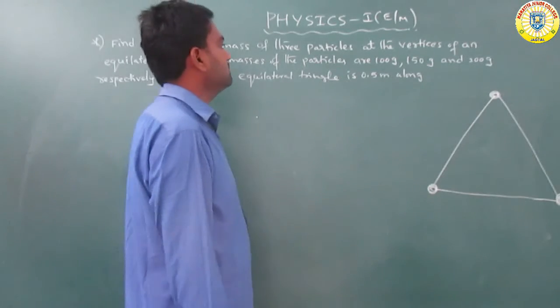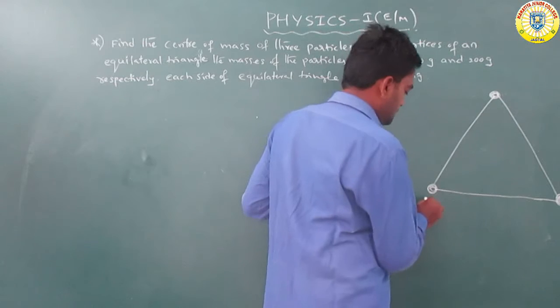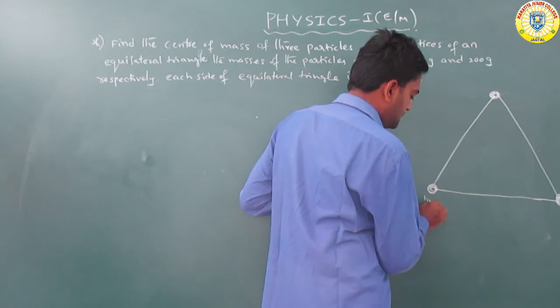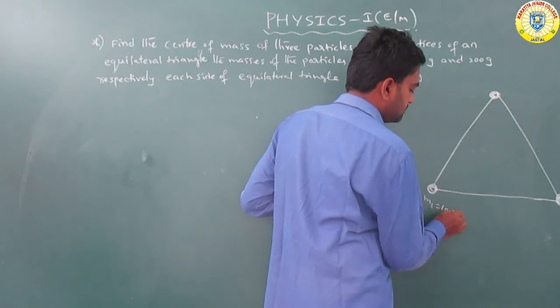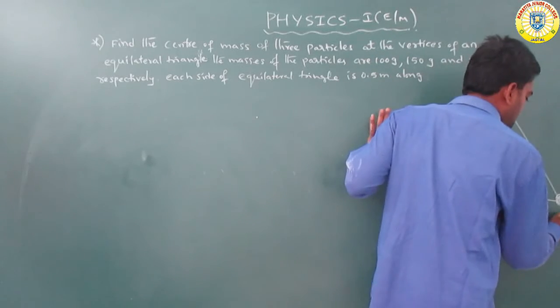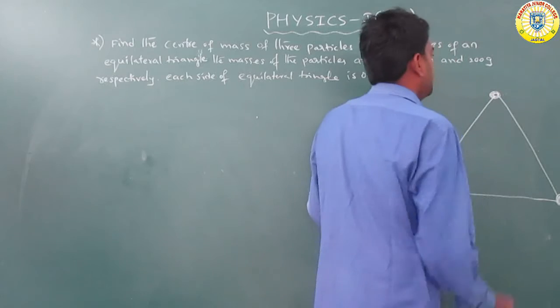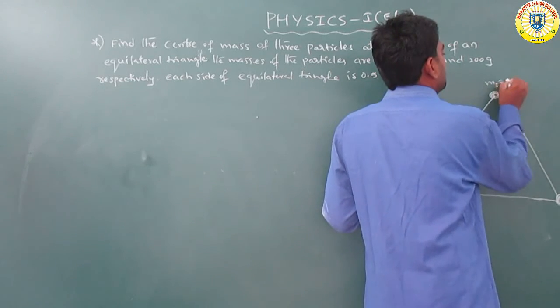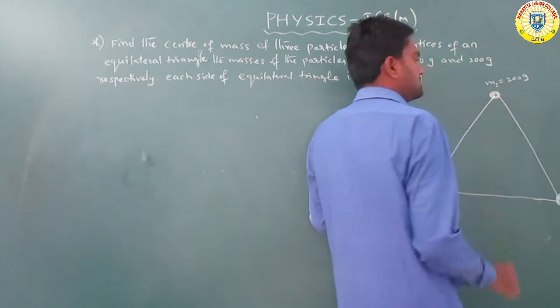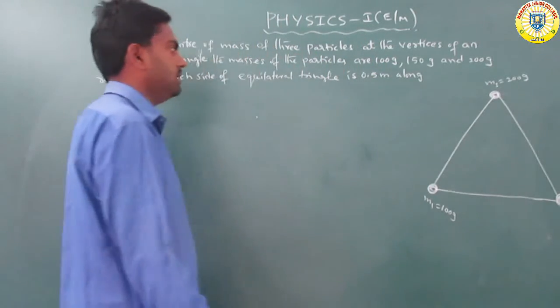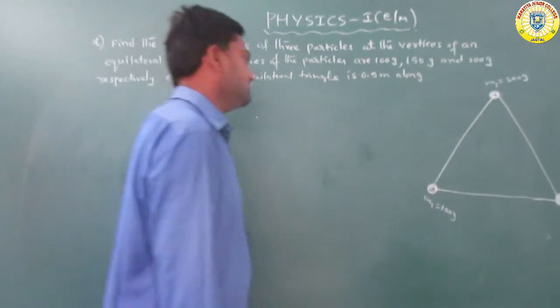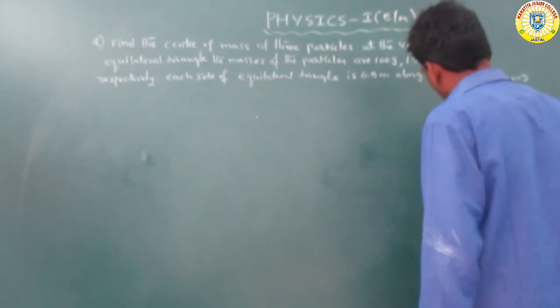First of all, we take the diagram. The three particles are placed at the vertices of an equilateral triangle. The masses of the particles are m1 equal to 100 grams, m2 equal to 150 grams, and m3 equal to 200 grams. Each side is 0.5 meters.